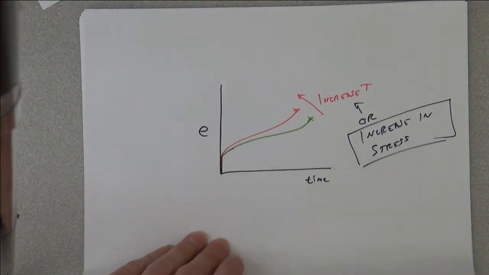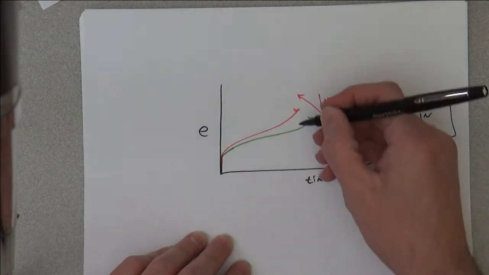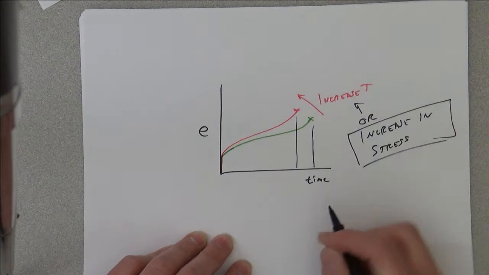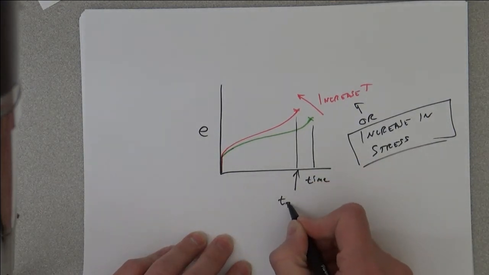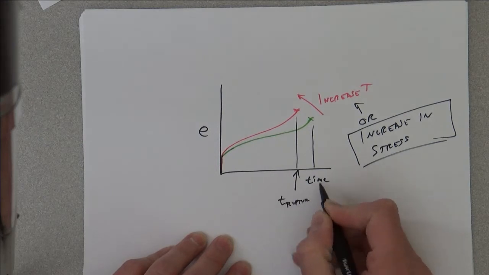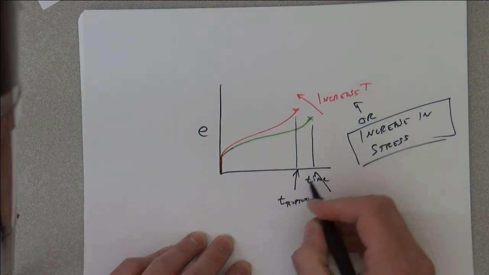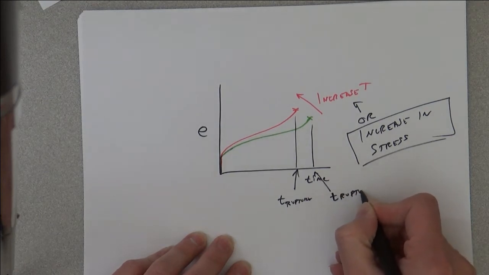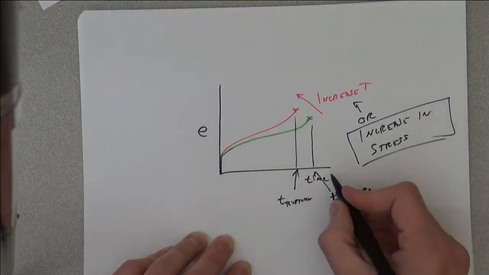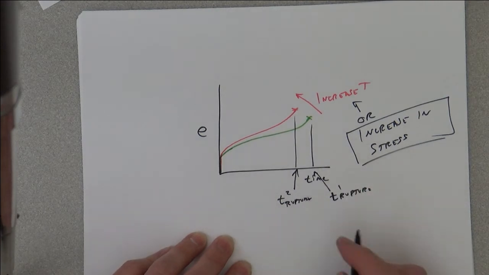So talking about this, we can also think about the lifetime, right? The point of rupture. Call that T rupture, say 1 and 2.